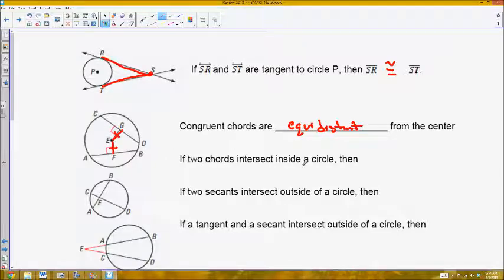If two chords intersect inside the circle, then the product of their lengths is equal to each other. So what that means is that segment AE times segment EB is equal to segment CE times segment ED.